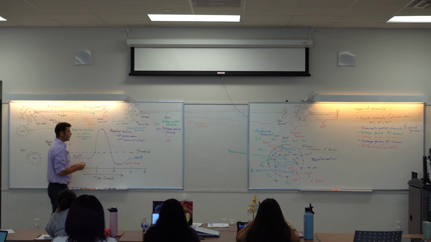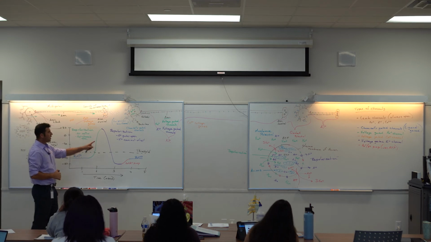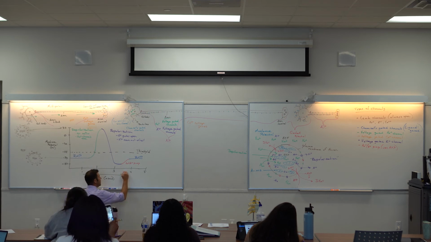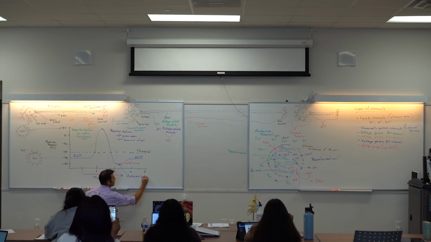And at the peak, you said that the sodium channels close? Yes. So repolarization is when the cell is becoming more negatively charged. But then look at this spot right here where we actually drop below resting membrane potential. This part of the graph where we are more negative than we normally are is called hyperpolarization.